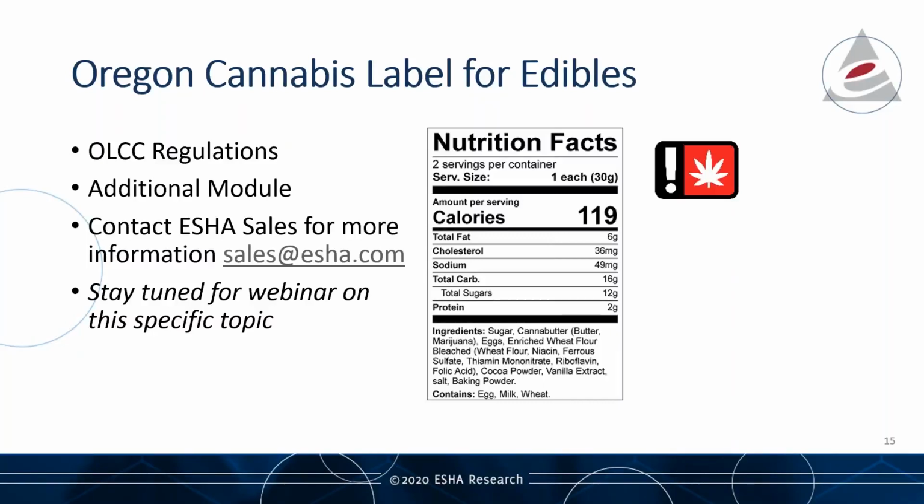You know, the cannabis markets are moving ahead quickly, and regulations are all over the place from state to state. So Oregon, we're a bit familiar with that. It does tend to follow the nutrition facts label to a degree, so it was a reasonable place to start, and we're offering this as an additional module.